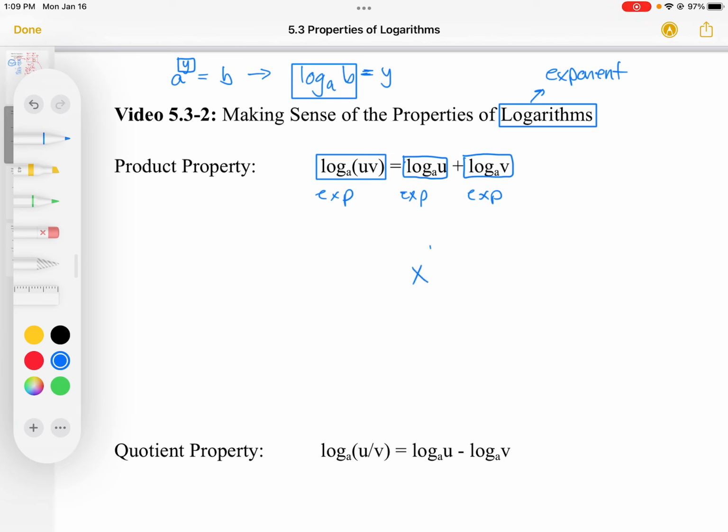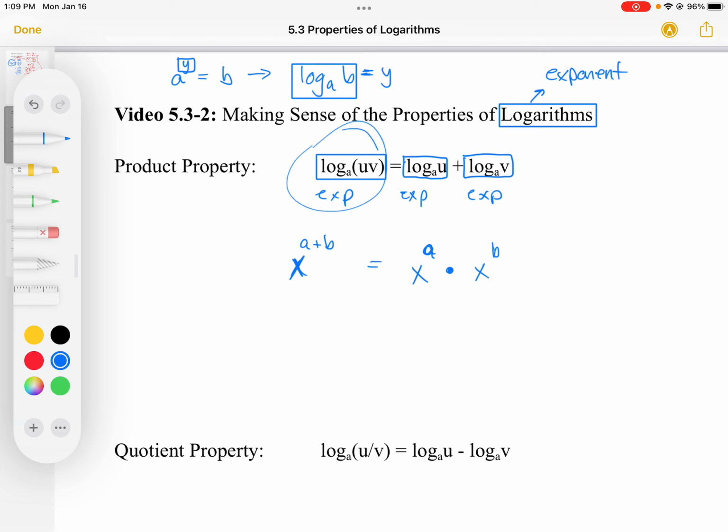We had a property of exponents where if we were multiplying, I'm just going to use different variables here, if we're multiplying like bases, notice they both have a base x, then we can rewrite those powers as x to the a plus b. You can see when we're multiplying like bases, we end up adding the exponents.